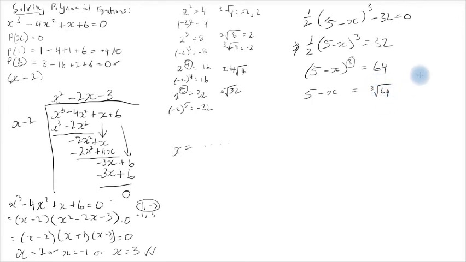Now, because I've been doing maths a lot, I know that 4 squared is 16, and I know that 16 times 4 is 4 cubed, which is 64. So I know that that answer there, 5 minus x, is actually 4.